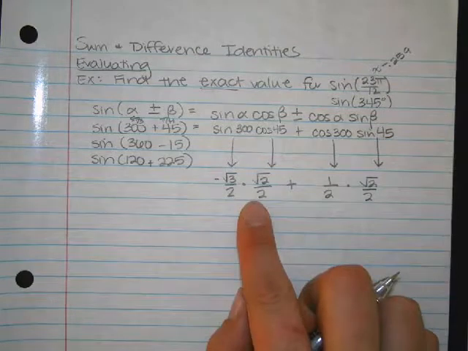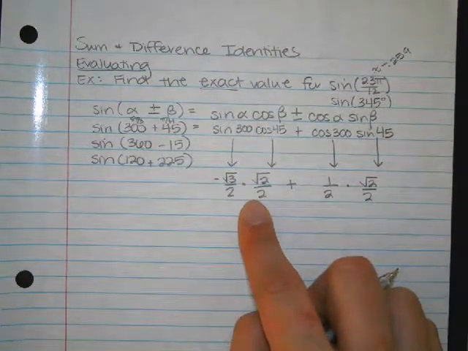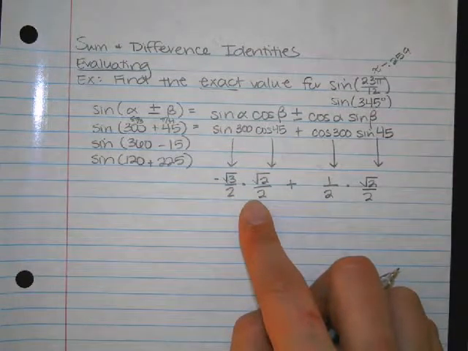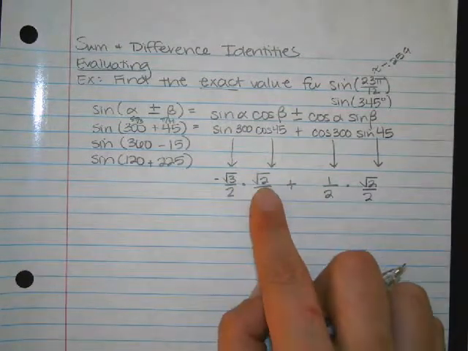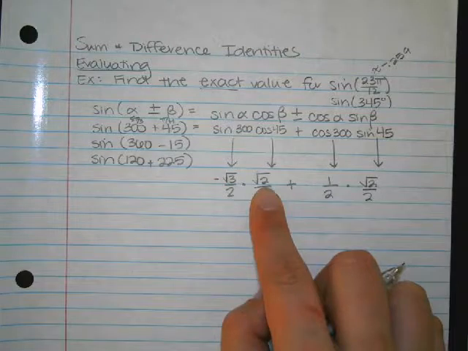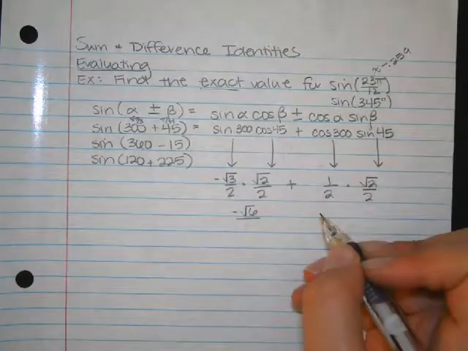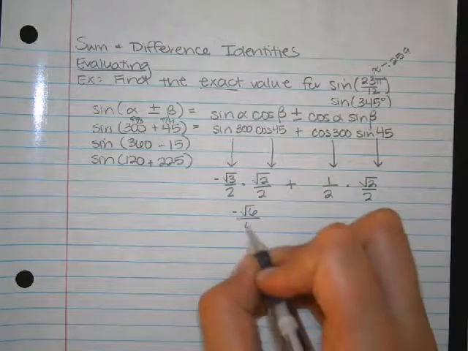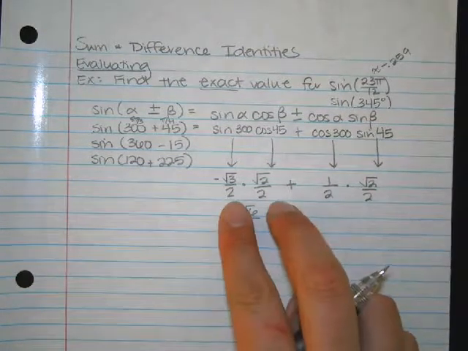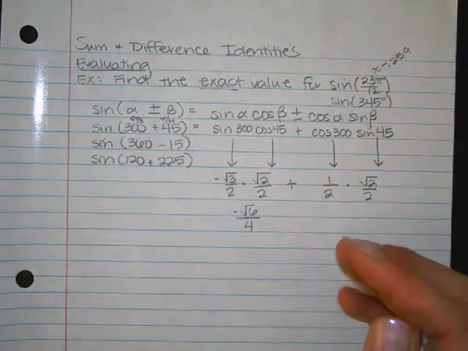Okay, so now when you multiply two fractions, how do you do that? Straight across. Multiply the tops, multiply the bottoms. So negative root 3 times positive root 2, negative root 6 over 2 times 2 is 4. So it is a common denominator, but when we're multiplying fractions, we still multiply the bottoms, okay?